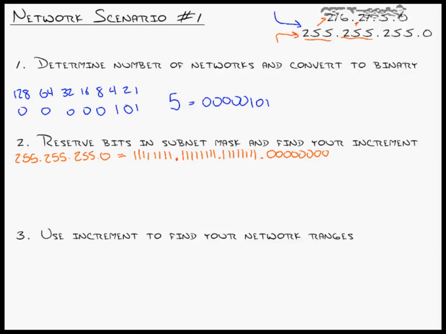Something we must know and understand: 255, as you see here in red at the top right, represents the network part of the address. So 255 here represents 216, 255 here also represents 24. So everything that's 255 is network. Everything that's 0 is host.